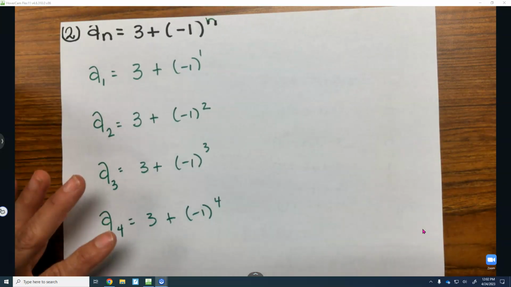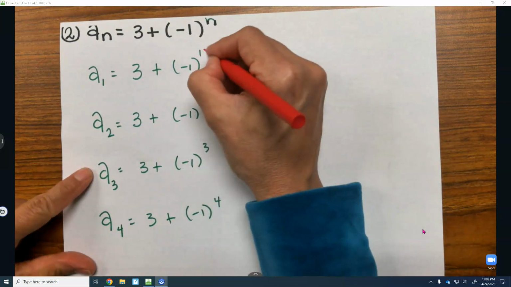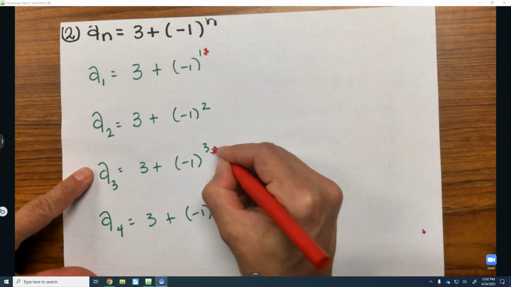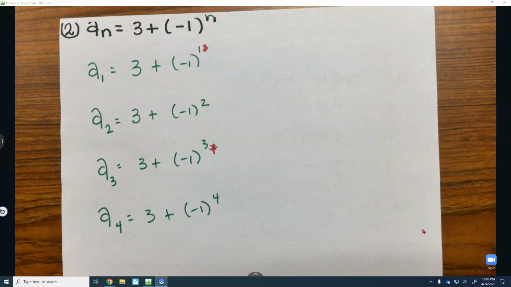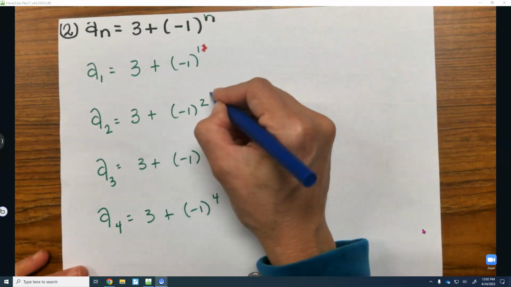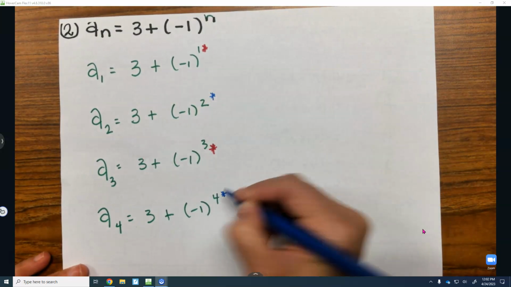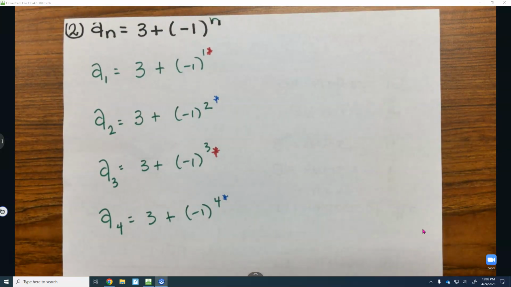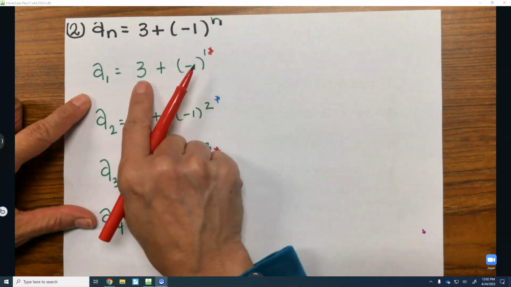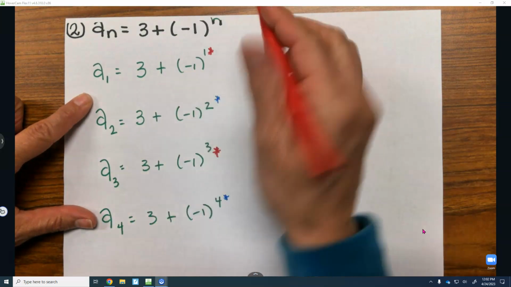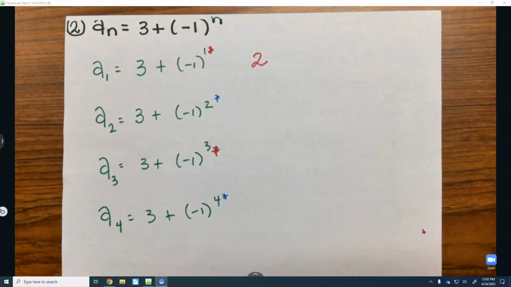Now, remember guys, these right here, they're going to have the same answer because negative 1's raised to an odd power. The other 2 are going to have the same answer because any negative 1 raised to an even power is still going to be the same exact thing. So, our first term is going to be 3 plus a negative 1, so this is just a 2.